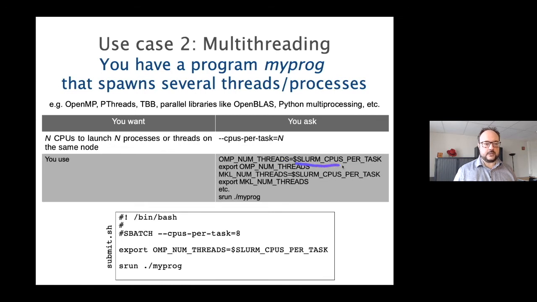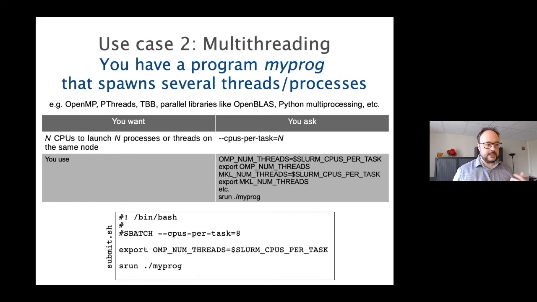You can ask Slurm what you have requested, so you don't need to change that when you request more or fewer cores. And then you can run myprog. The srun here will create one process only, and that process will have multiple cores available to start spawning threads on the multiple cores.